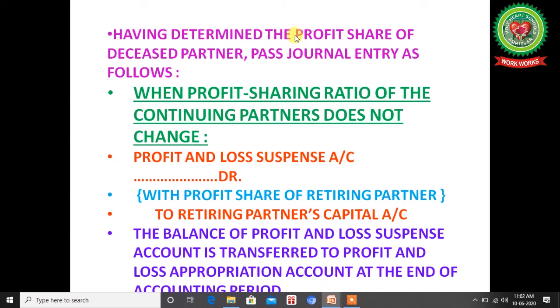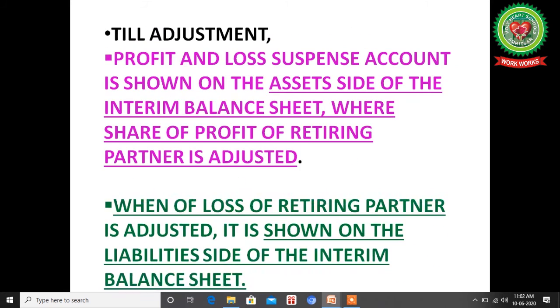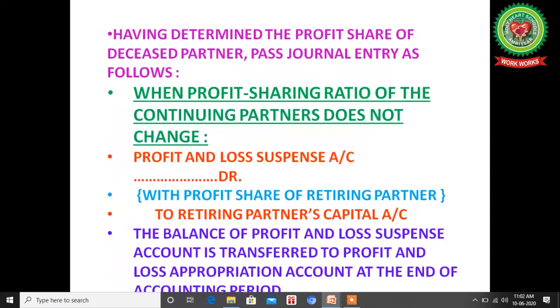Having determined the profit share of the deceased partner, pass the journal entry as follows. In this case, how to pass the journal entry? See students, when the profit sharing ratio of the continuing partners does not change, then simply debit profit and loss suspense account to the retiring partner with the profit share of the retiring partner.